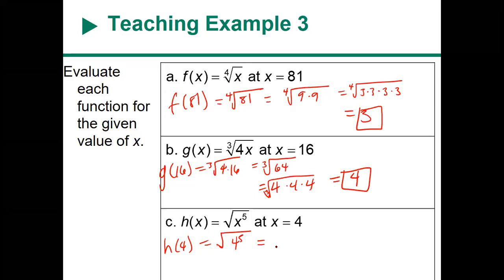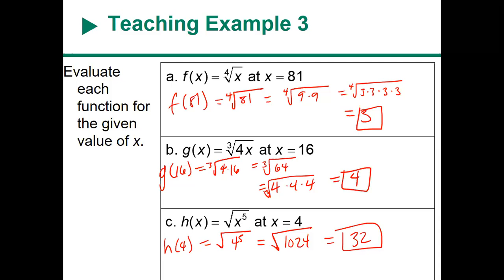So you get the square root of 1024. What's the square root of 1024? 32. Before you go, questions, comments, concerns? Easy enough? Okay.